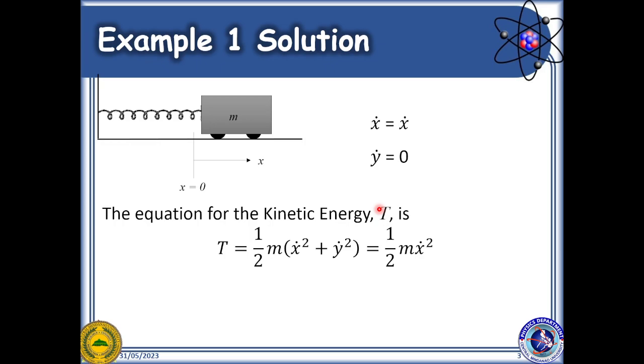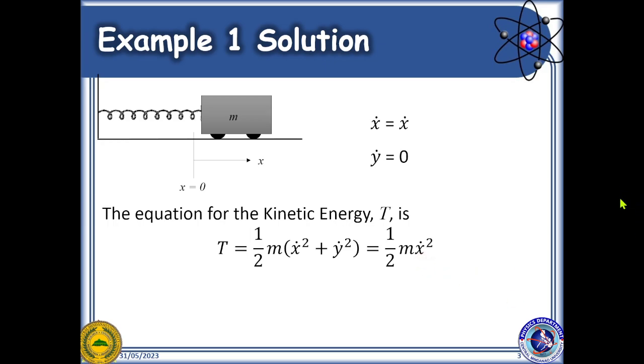Note that this system has only 1 degree of freedom since the cart is translating only along the x-axis. The kinetic energy is just the translational kinetic energy along the x-axis, that is just 1/2 m x dot squared.